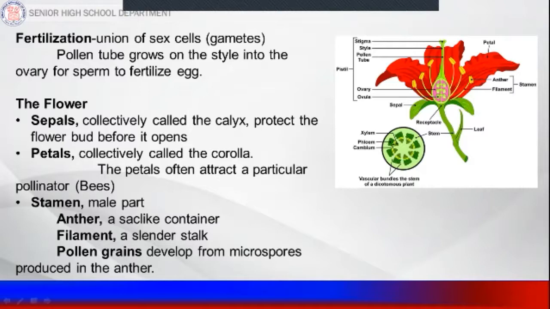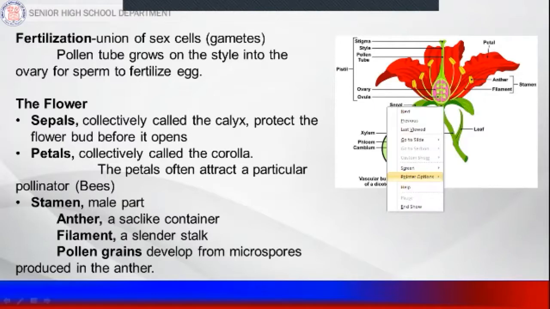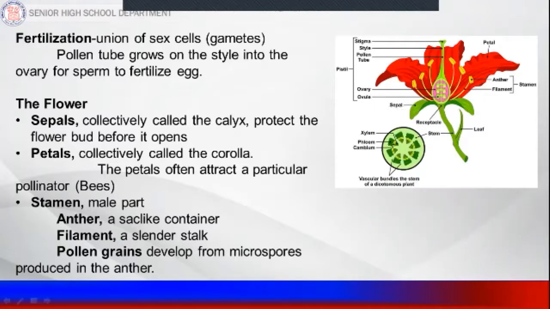You can see here the flower parts of a plant. In a flower, we have the sepals, the petals, the stamen, anther, filament, and pollen grain. Let's talk about them one by one. We have sepals, collectively called the calyx, which protect the flower bud before it opens. Let me use my pointer to highlight.